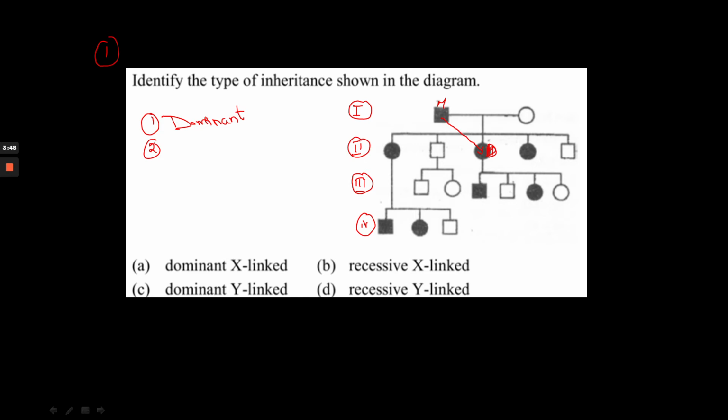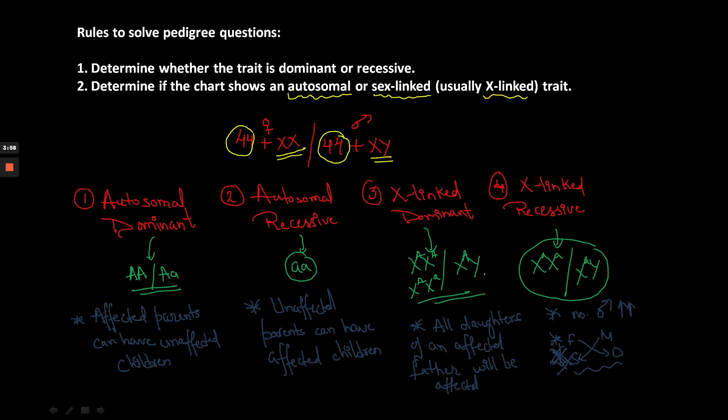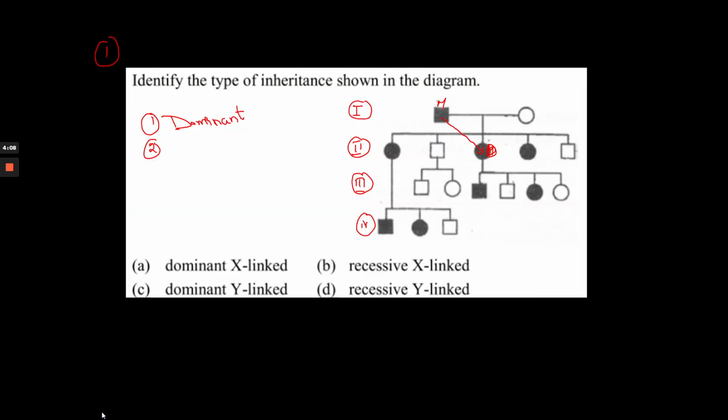So all the daughters of an affected father are affected here, and this is the clear sign of an X-linked dominant disease. We have studied that all the daughters of an affected father will be affected in the X-linked dominant case. So this pedigree indeed will be X-linked.